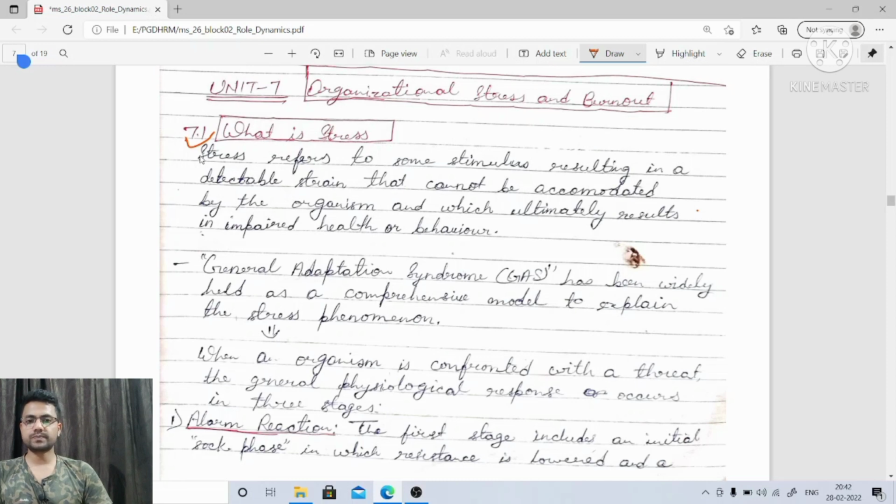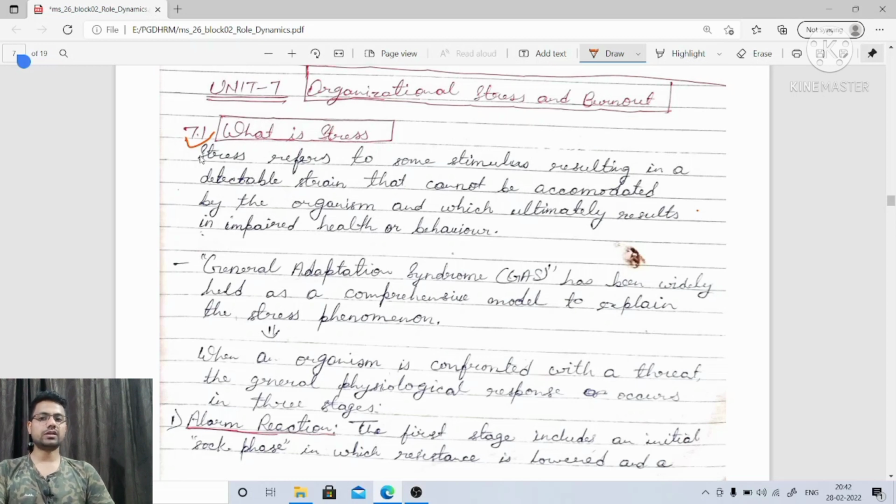So it is a type of stimulus which causes detectable strain. It means a detectable strain results due to a stimulus, which cannot be accommodated by the organism, and that ultimately results in impaired health or behavior.